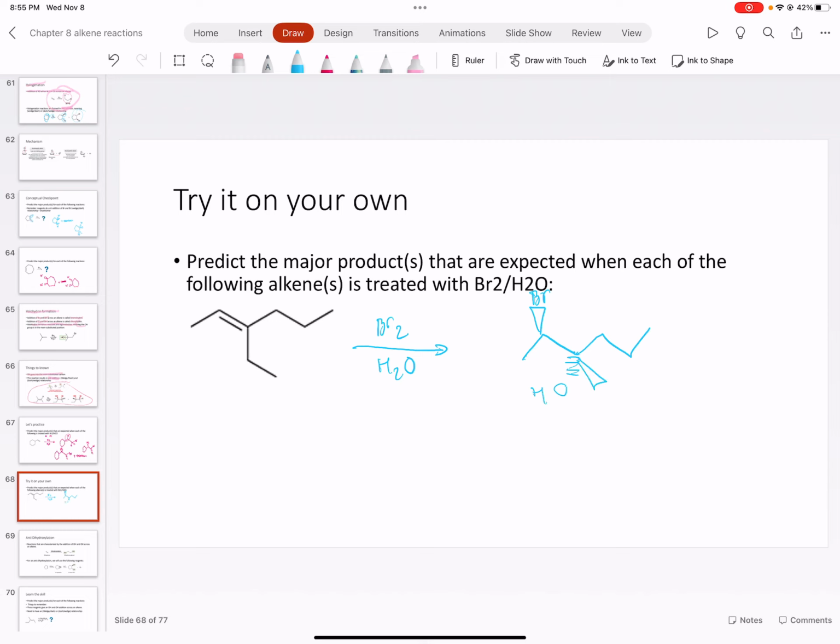And since we're assigning wedge and dashes, this one is going to go on a wedge. And then I'm going to draw its enantiomer. So I'm going to put that bromine on a dash. This one is going to go on a dash, and this one is going to go on a wedge.